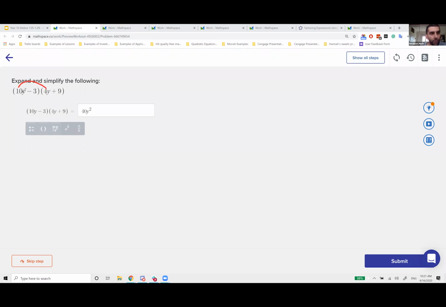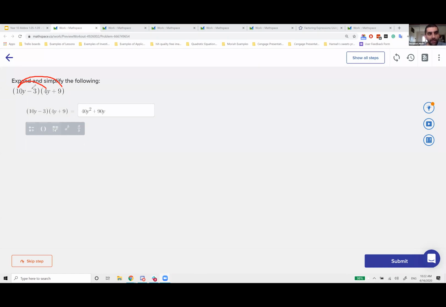The next thing we're going to do is 10y times the 9, which is going to give us 90y. So we multiply the numbers and then the letters stay as they are. Okay, now this is where it gets interesting, and it's a time where people often start making mistakes, is when you have the negatives.